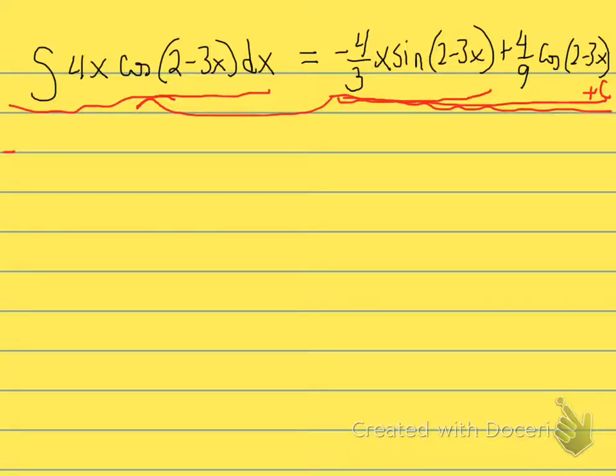So first times the derivative of the second. So second is a composite function. Derivative of sine is cosine. Chain rule. Derivative of 2 minus 3x is going to be negative 3.